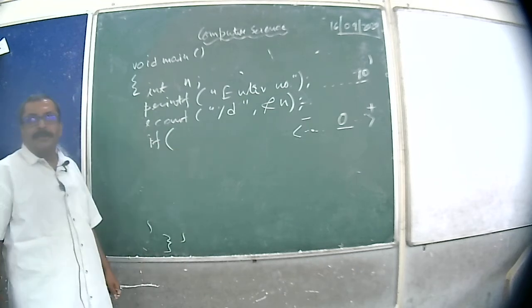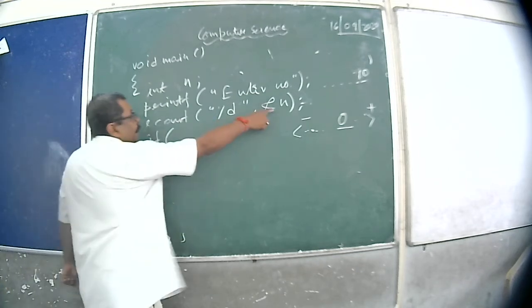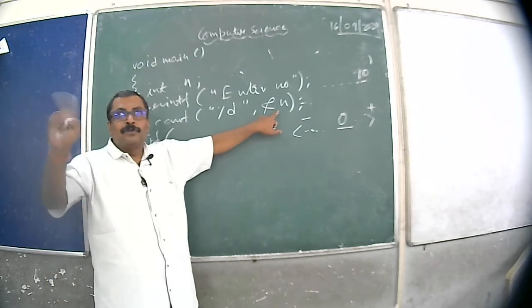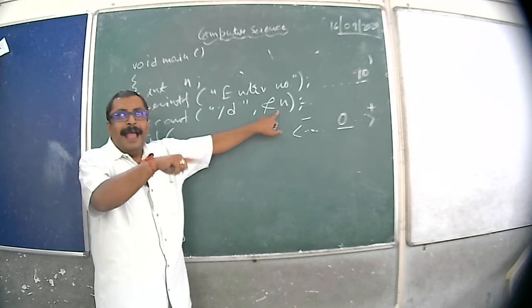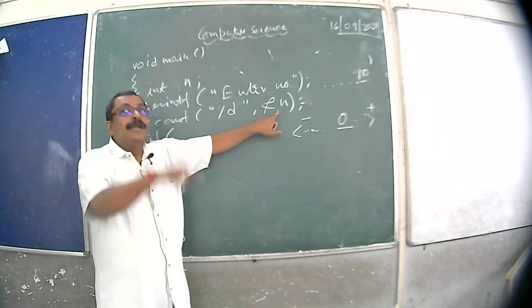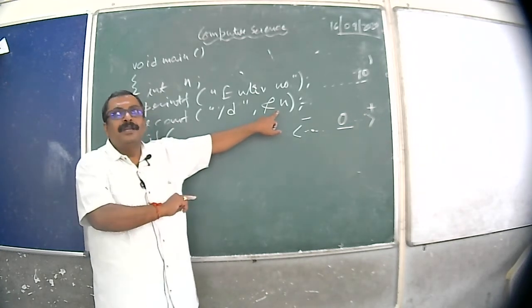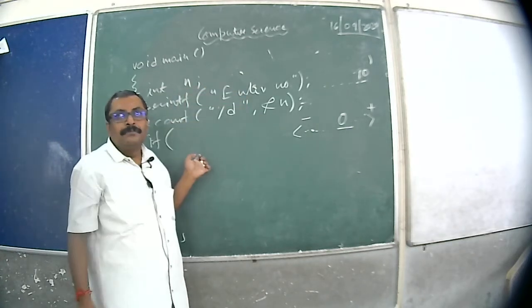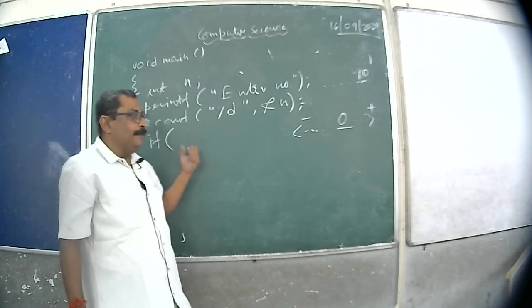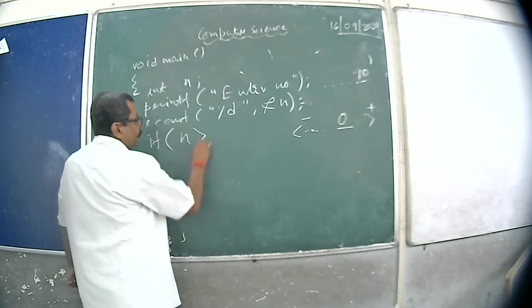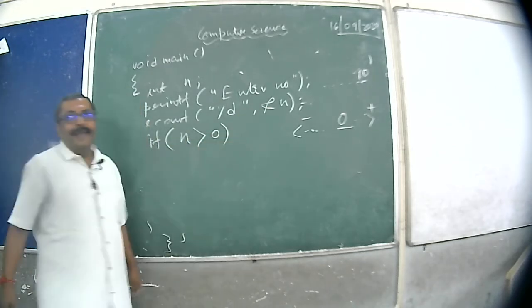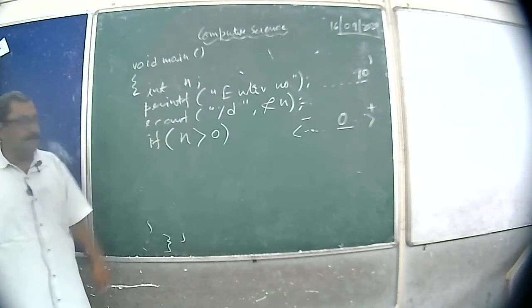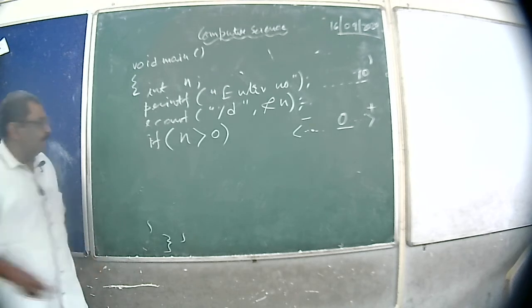If conditions, if that is a number. You have to check certain other numbers, not possible, because whatever number you accept from the user, whatever variable you have used, the same variable you have to use within the conditions. So if you write a, a is not here within the program, n is here, so you have to give n. N greater than 0, if greater than 0, what number is positive. So you have to write down the statement.